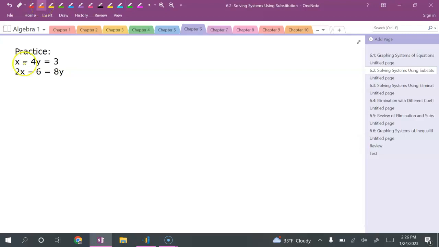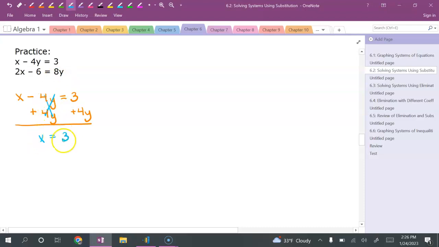So what I did is I took that first equation, x minus 4y equals 3. I added 4y over so that it said x equals 3 plus 4y, or you could have said 4y plus 3. It really doesn't matter. Then I took this expression, 3 plus 4y, and I plugged that in for the x in that second equation.